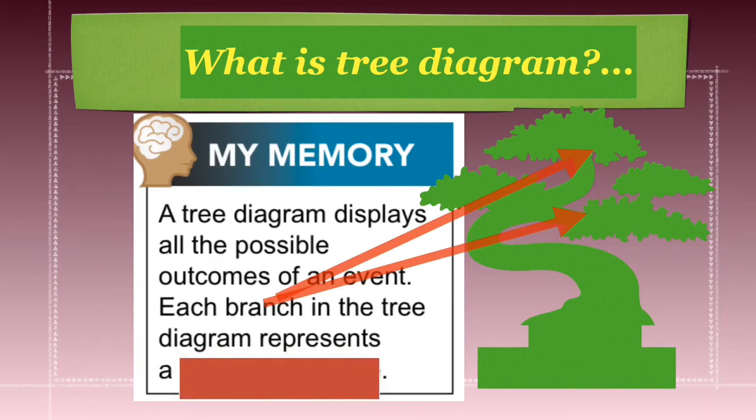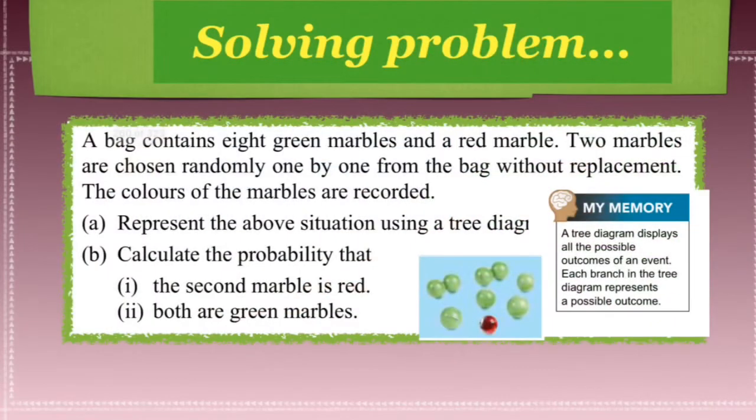What is a tree diagram? A tree diagram displays all the possible outcomes of an event. Each branch in the tree diagram represents a possible outcome. Let's solve the problem.